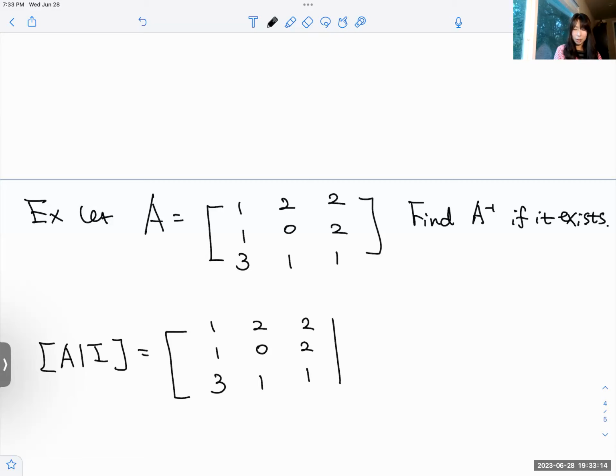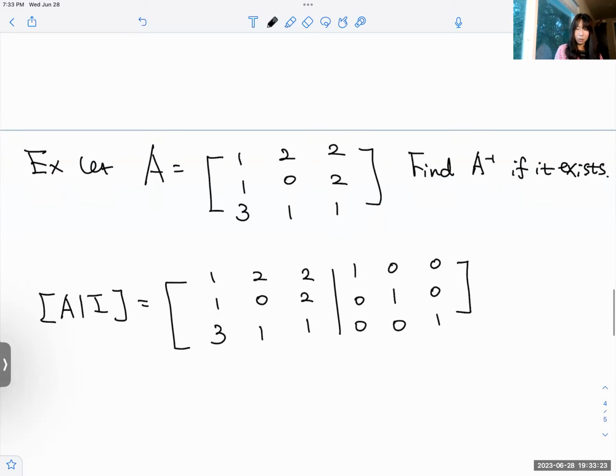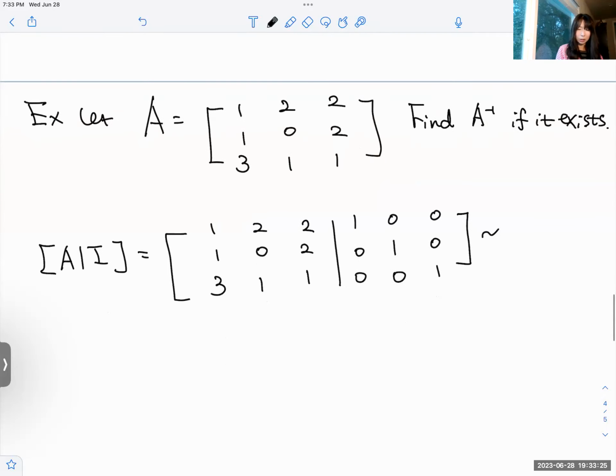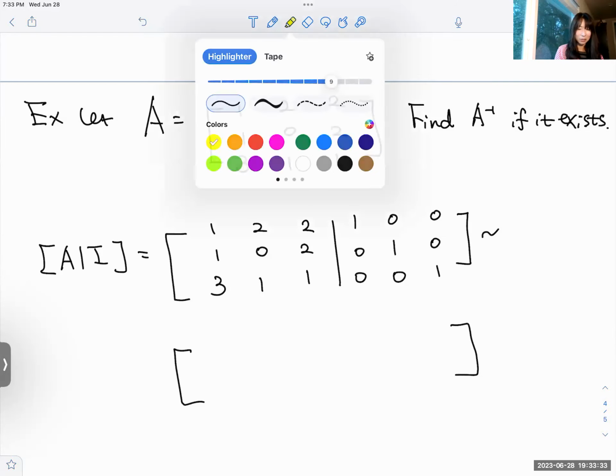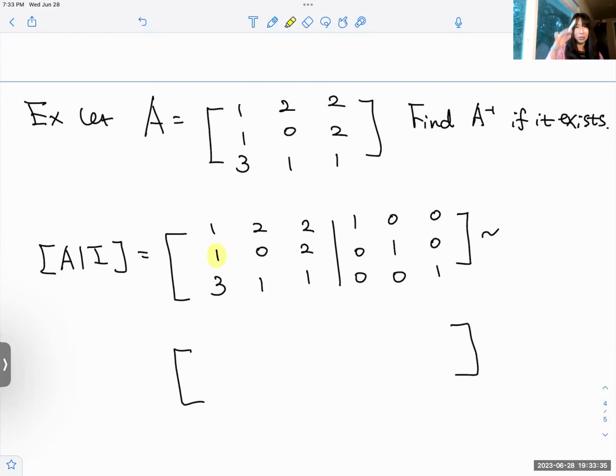So 3 by 3, so 1 0 0, 0 1 0, 0 0 1. Okay, so it will be equivalent to the next one. Okay, let us make that. Always the easy one, right? So make it 0 underneath the first row, right? What do you think?